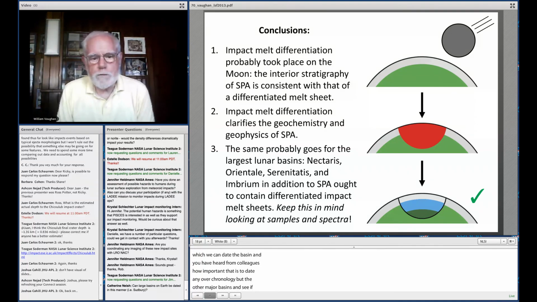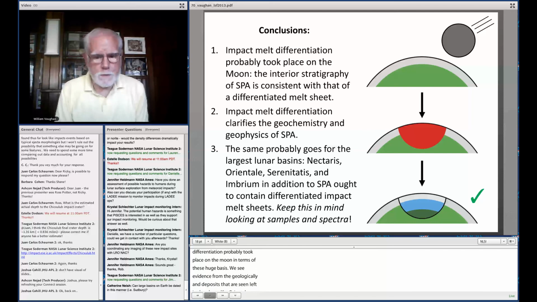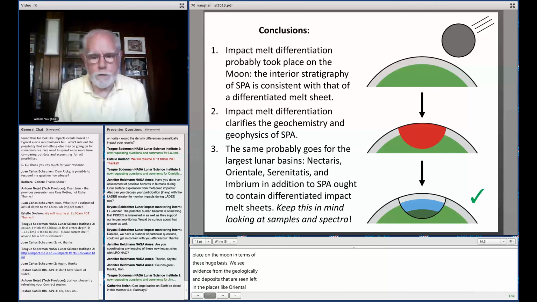Next, please. So if we take a look at this then and think about a few conclusions, impact melt differentiation probably took place on the Moon in terms of these huge basins. We see evidence of that geologically in the deposits left in places like Oriental Basin, et cetera, and evidence for significant amounts, over 10 to 15 kilometers, in that basin alone.